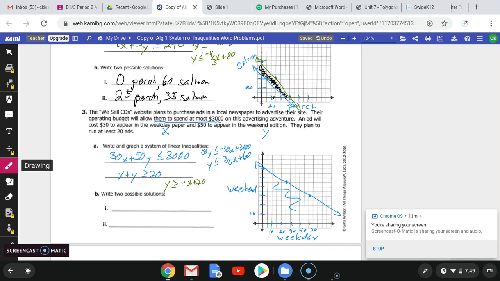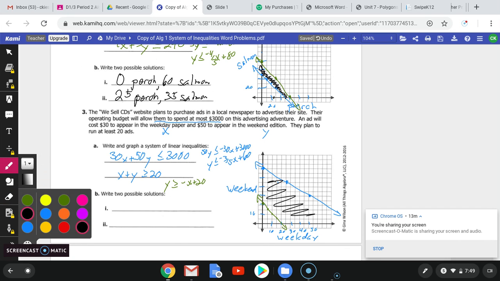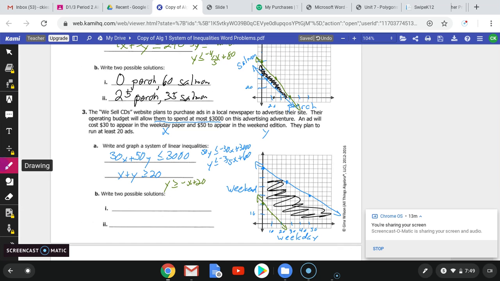And then to do the other one, we start at 20. Go down 1, right 1, down 1, right 1, down 1, right 1, down 1, right 1. Solid line, and my shading is going to be above. Now this gives me a better idea of solutions here, right?